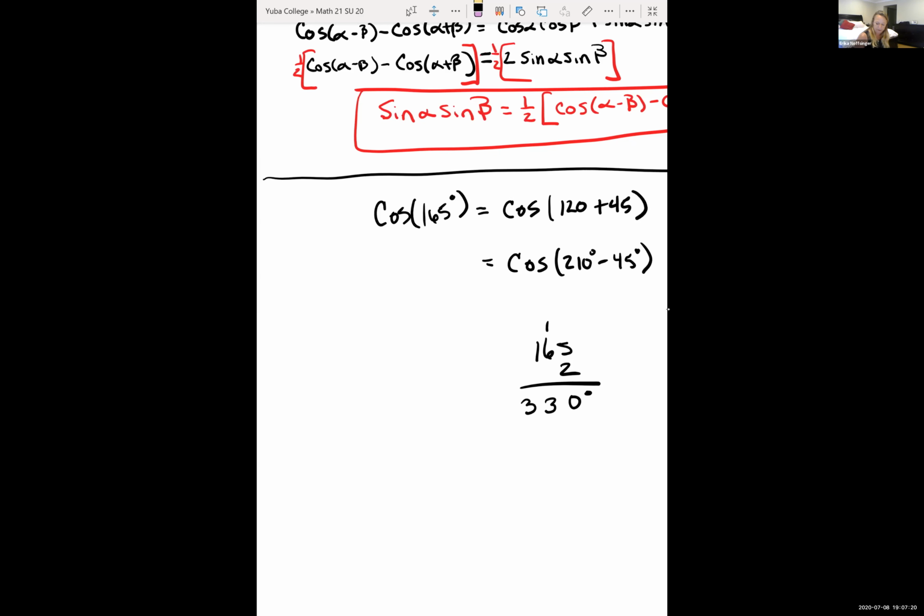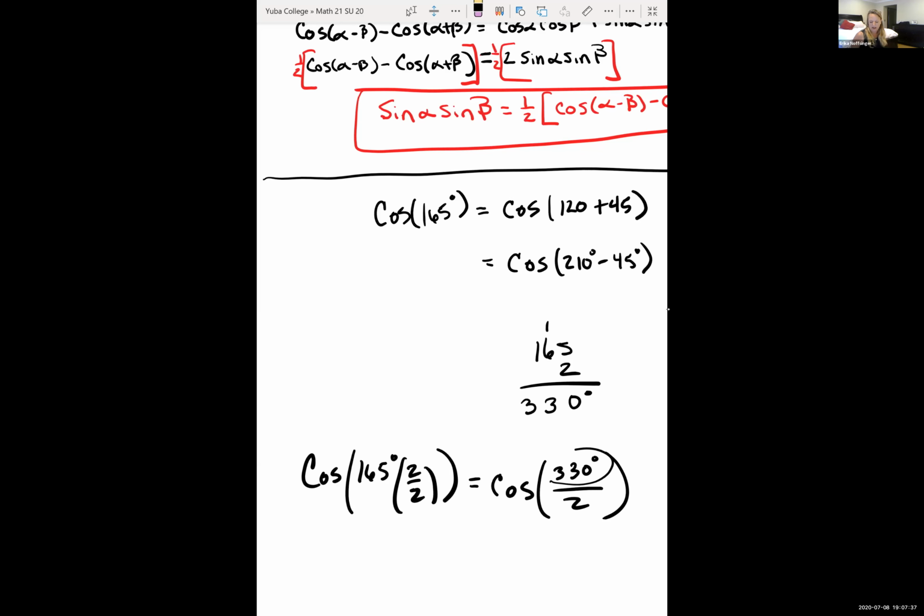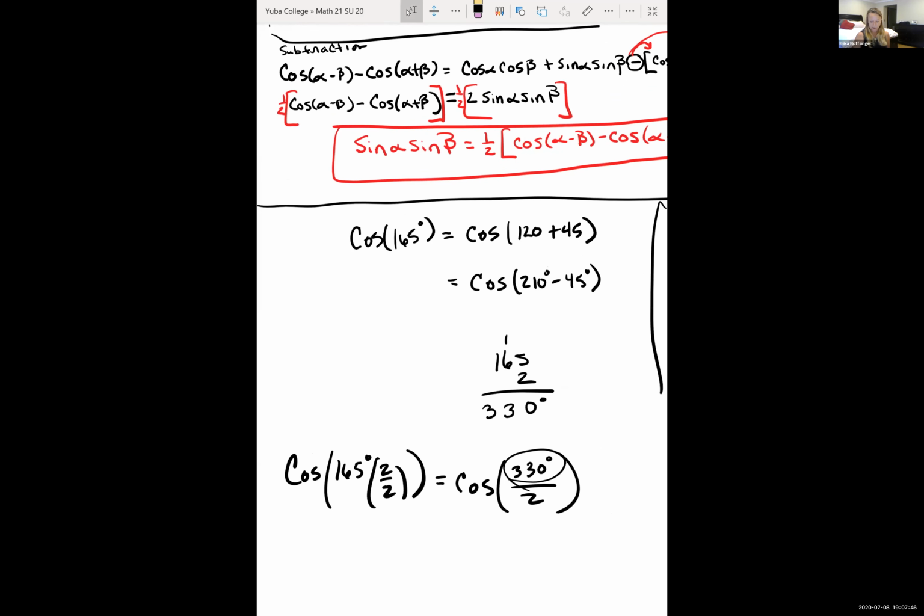I could have rewritten this as cosine of 165 degrees times 2 over 2, which is cosine of 330 degrees over 2. Now it's in the form where I know how to evaluate cosine of my numerator, so I can use my half angle. Putting it in that form versus the other ones, it might look a little different, but if you evaluate it in the calculator, or do some manipulation, you'd show that they're the same.